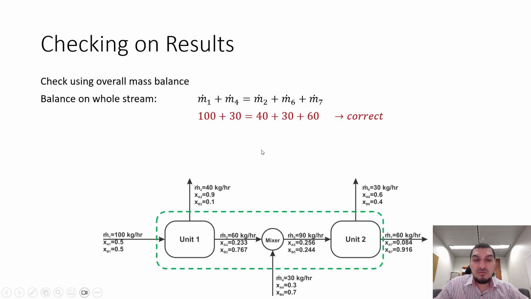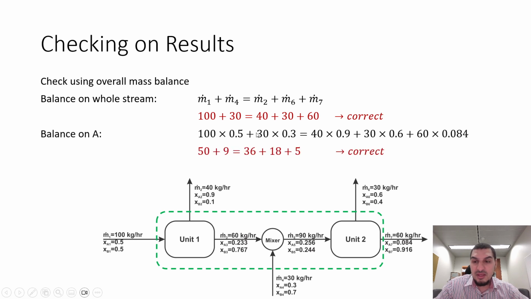So I can do it just for checking that the left hand side equals the right hand side. The same for A, and you can do this for B as well. So this is an important point to keep in mind, that you just need 3 systems for a process that consists of 3 units. Any extra systems would be for checking.